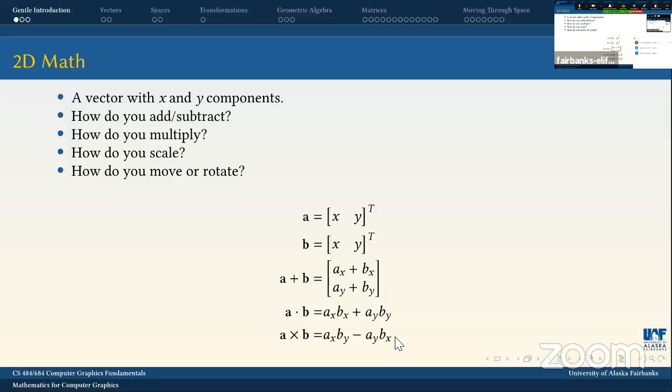It's just the determinant of a 2x2 matrix, although we will see as you get to higher orders like 3 dimensions and so on, that doesn't remain the case. In this case, it's 2 dimensions and we get 1 component. In 3 dimensions, we get 3 components.